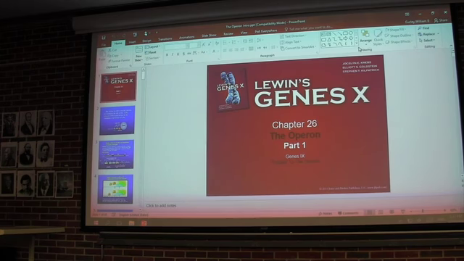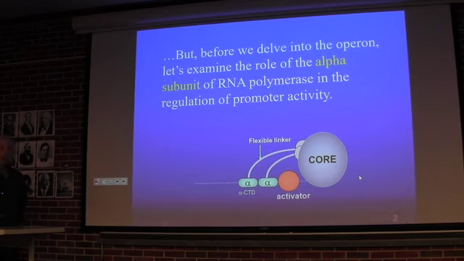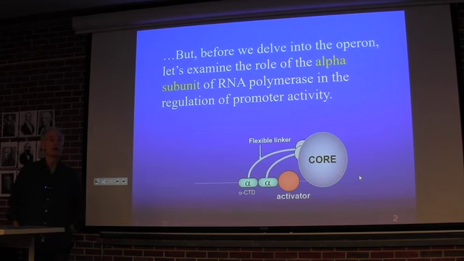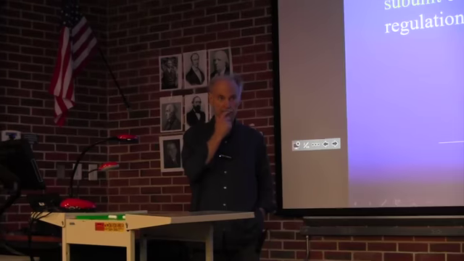The operon, part 1. First of all, we're going to detour with the alpha domain of the polymerase, because as we go into operon, you're going to see that the regulation often involves proteins that either activate or repress transcription.